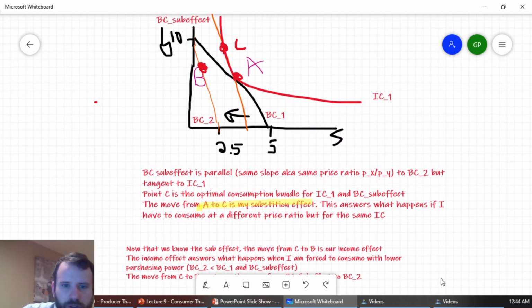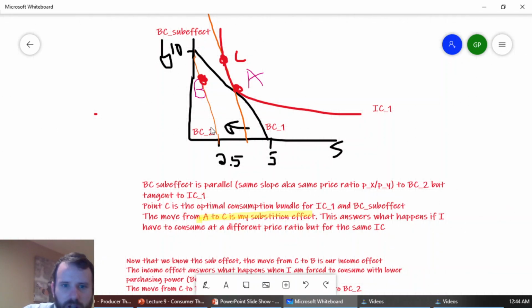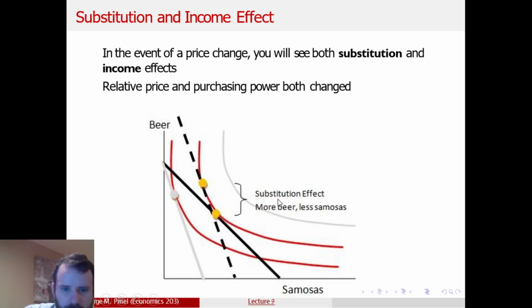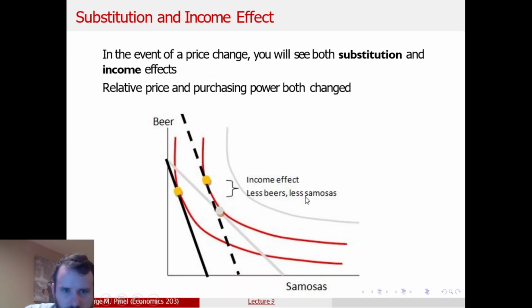Okay, so you're on a lower indifference curve now with the same price ratio. So that will decrease both the beers consumed and the samosas consumed relative to the point on, we'll call it, the counterfactual BC sub effect. Okay.